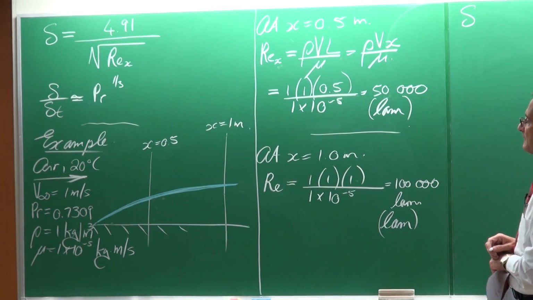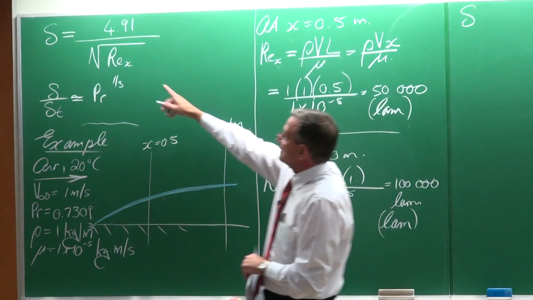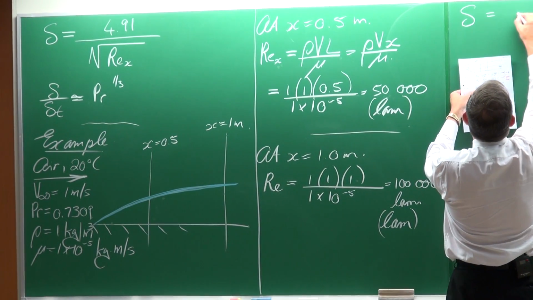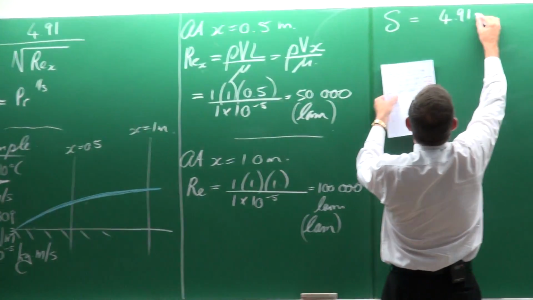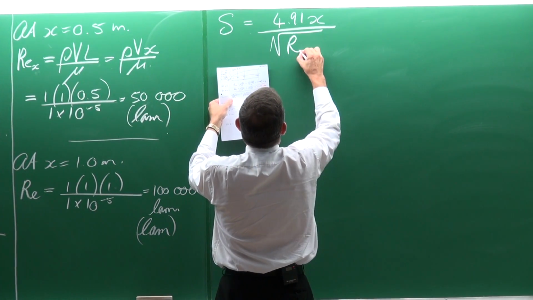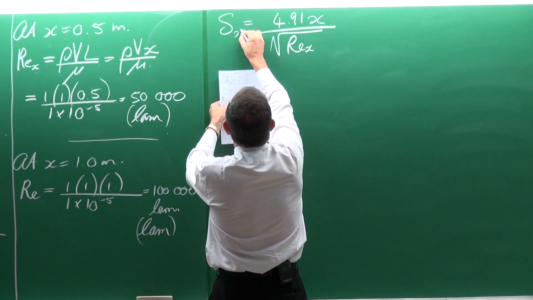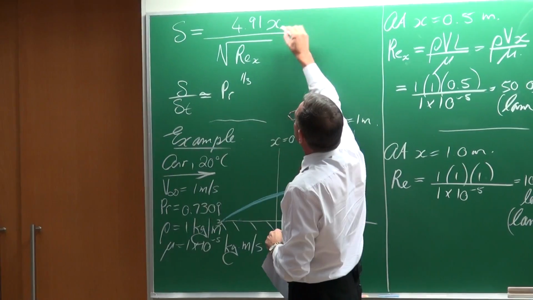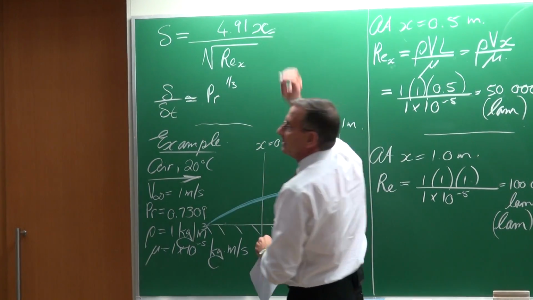If we want to get the boundary layer thickness, there's the equation for it. It is equal to 4.91 multiplied by x divided by the square root of the Reynolds number based on x. My apologies, I forgot to include x there.